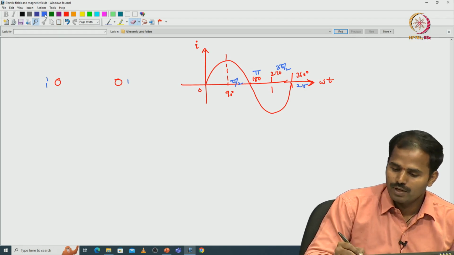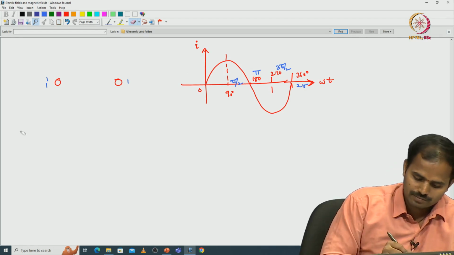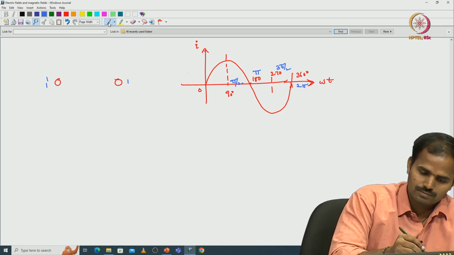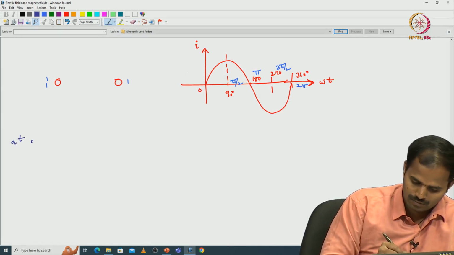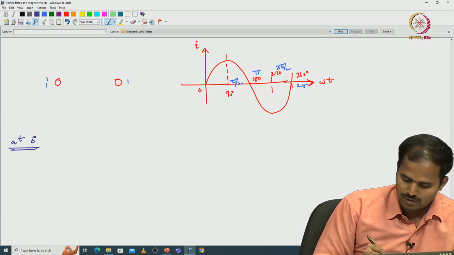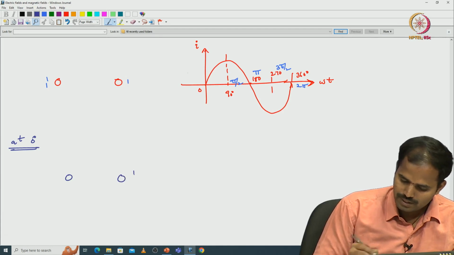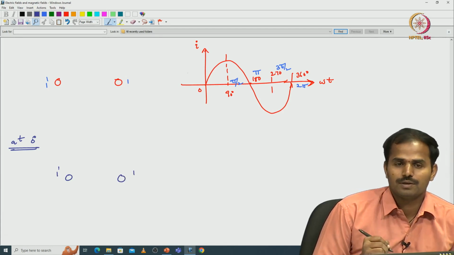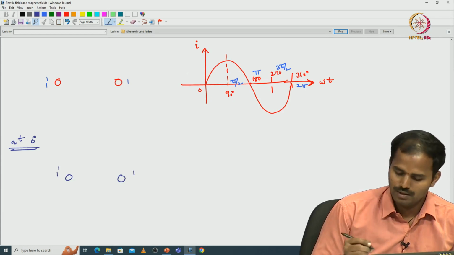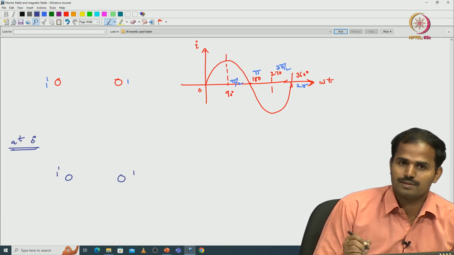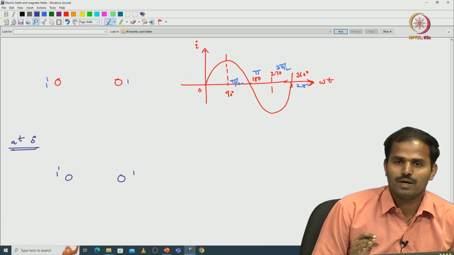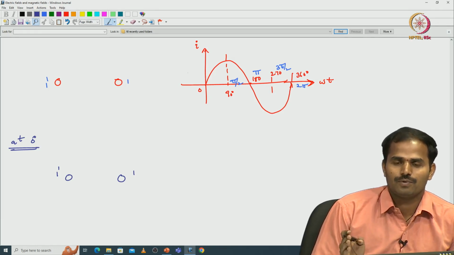Okay. At 0 degrees, since it is a stationary body, there is no rotation of conductors, the conductor is fixed, the current magnitude is varying. Okay.